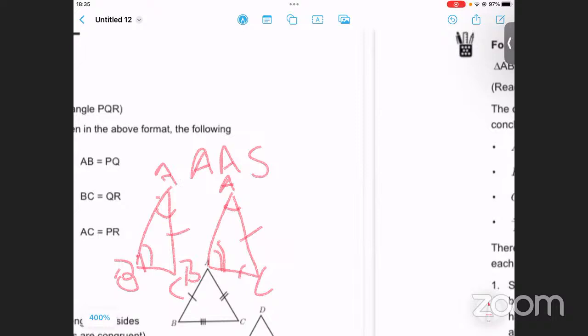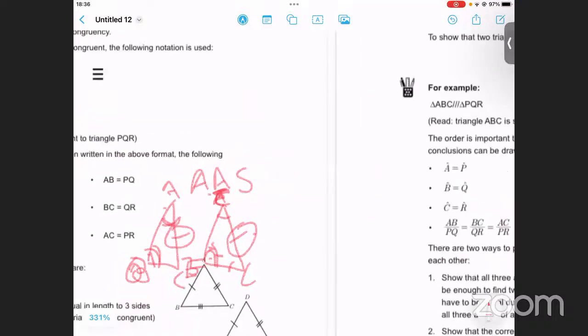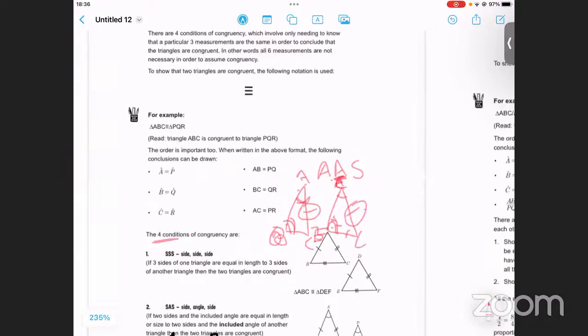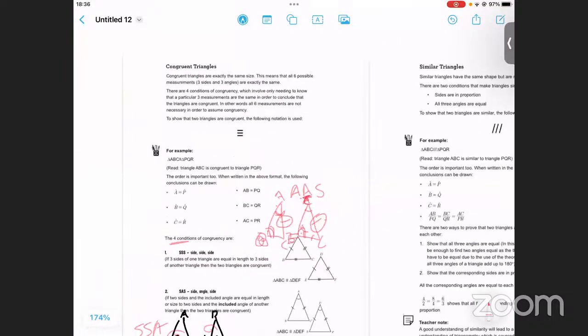So you have this angle A being equal to this one, and this one being equal to this one, okay? And this side being equal to this one. This is the last condition for congruency in triangles.